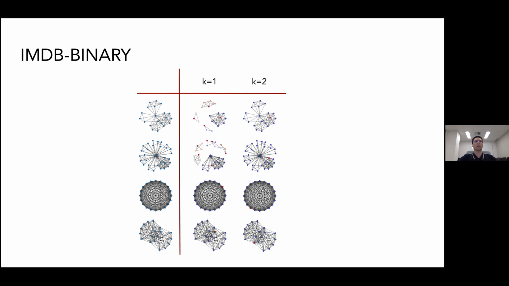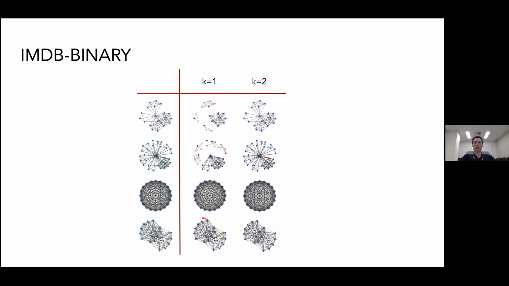So if you do that to the IMDb binary data set of the actor-actress networks, we can see here the original graphs, and here their fragmentation for k = 1 or k = 2. And as you can see, a lot of these graphs are actually very densely connected. So this is literally a clique.